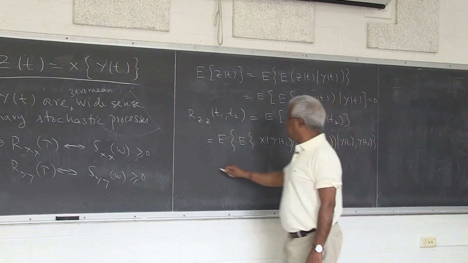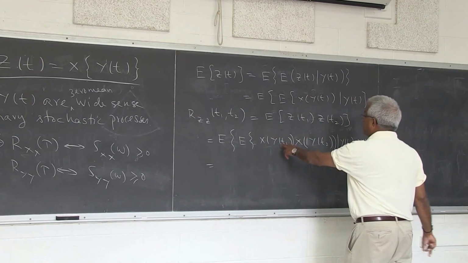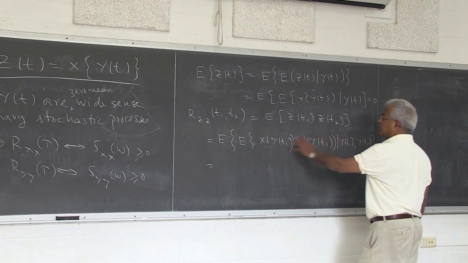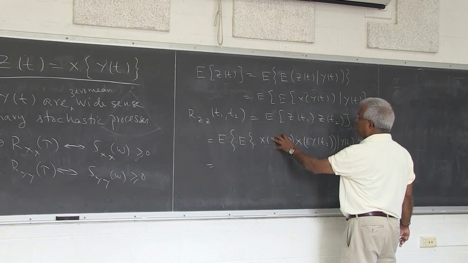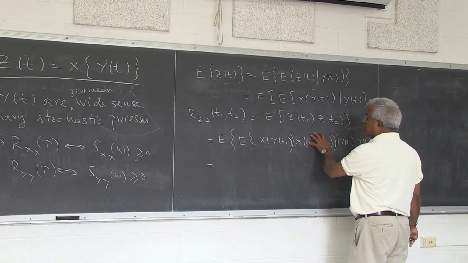But remember, once y t1 and y t2 are conditioned, this simply becomes the expected value of x of tau1 multiplied by x of tau2.